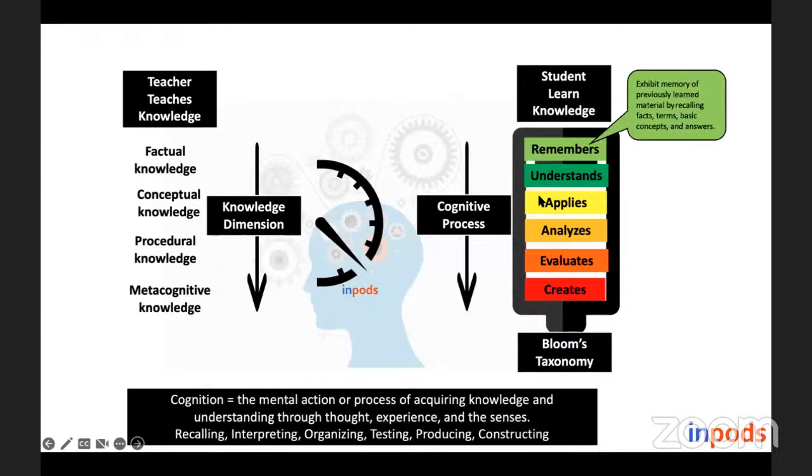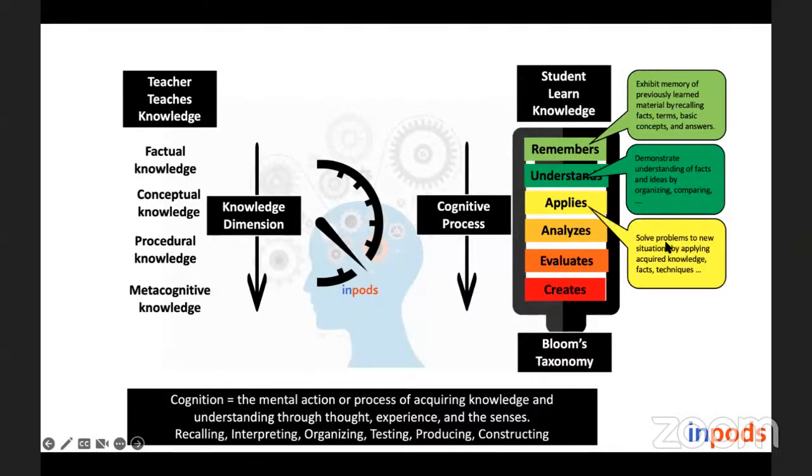You must be already familiar with Bloom's taxonomy, or the cognitive process. Exhibiting the memory of previously learned material is remembering. Demonstrating the understanding of facts and ideas by organizing and comparing is understanding. Solving a problem in a new situation is basically application level knowledge.